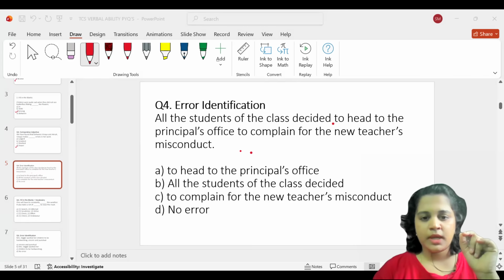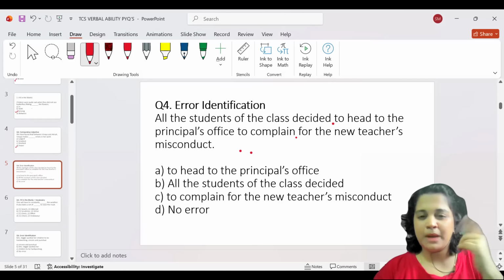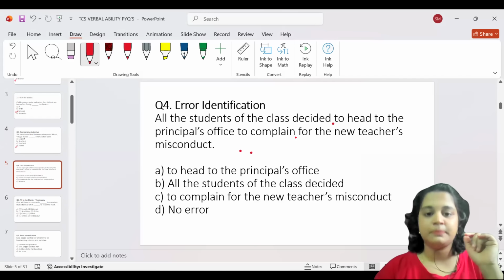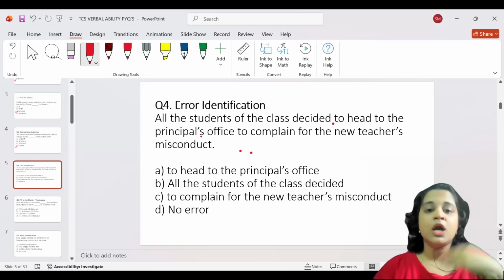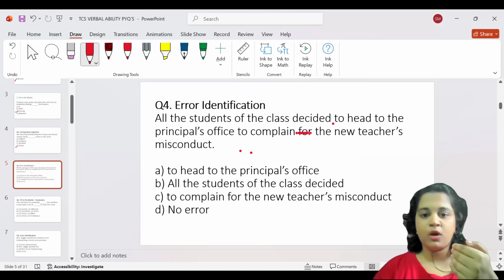To complain for the new teacher's misconduct. I think the error lies somewhere here. It should have been complain about. So it will be all the students of the class decided to head to the principal's office to complain about the new teacher's misconduct. It's not for, but about. So therefore, the error lies somewhere here.